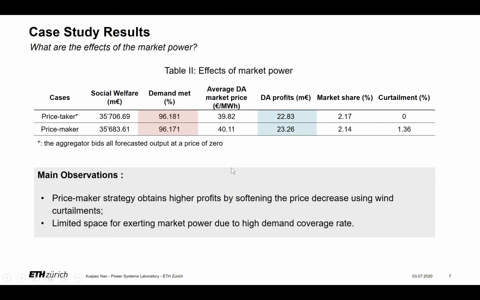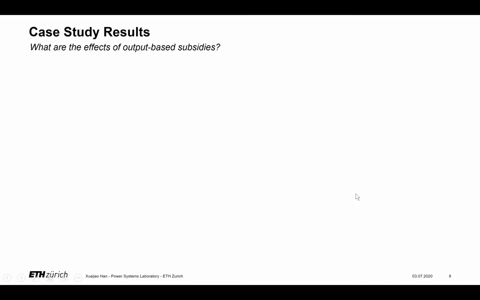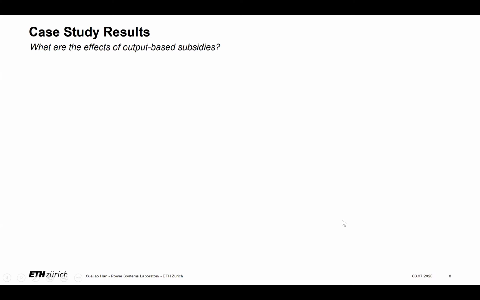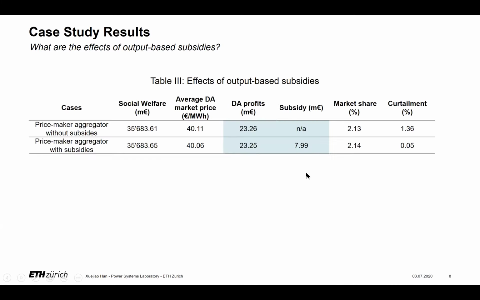We've seen that the aggregator as a price maker can exert market power by using the curtailment of the wind. But we know that in a lot of countries, we have output-based subsidies, and the subsidies will only be paid if the generator actually provides output. So how will the aggregator behave if there are output-based subsidies? Here I show two results for the case with subsidies and without subsidies.